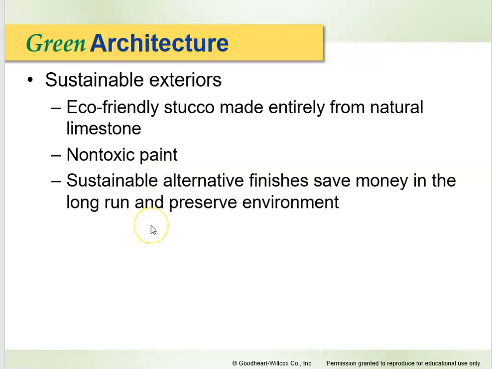Green architecture. There are some exterior sustainable materials such as eco-friendly stucco. There are non-toxic paints, and there are sustainable alternative finishes that save money in the long run and preserve the environment.